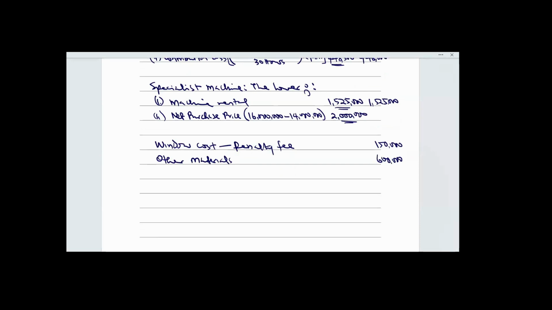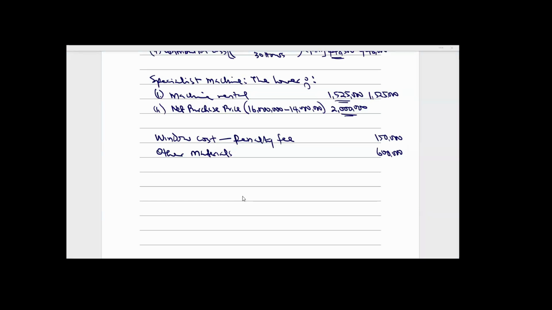Okay. Next item, number 8. Klepatoni Limited's fixed overhead absorption rate is 3,700 naira per construction worker hour. So that 3,700 per construction worker hour, relevant or irrelevant?